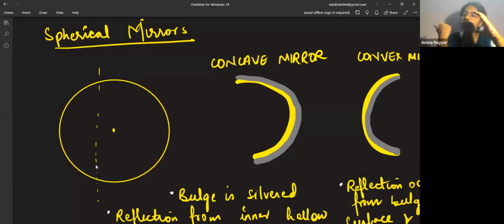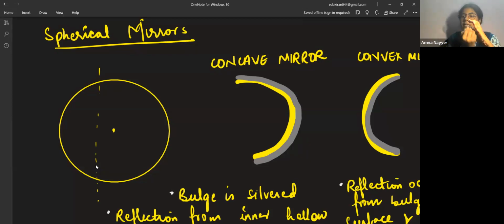So now no reflection will occur from this side. I have this area only available for reflection, that is, the bulged part is available for the incident light to strike. Such types of mirror we call the convex mirror.